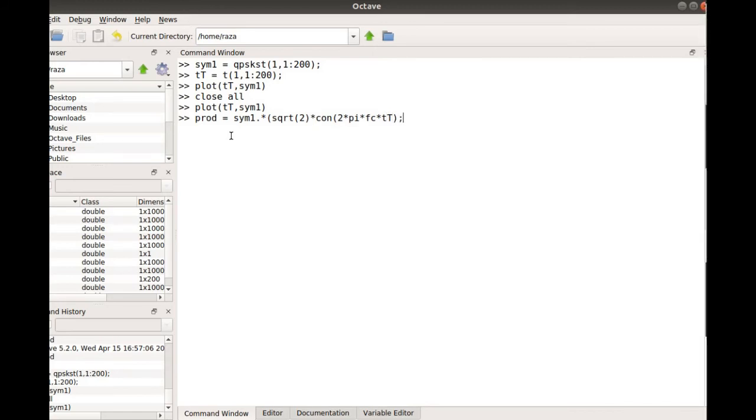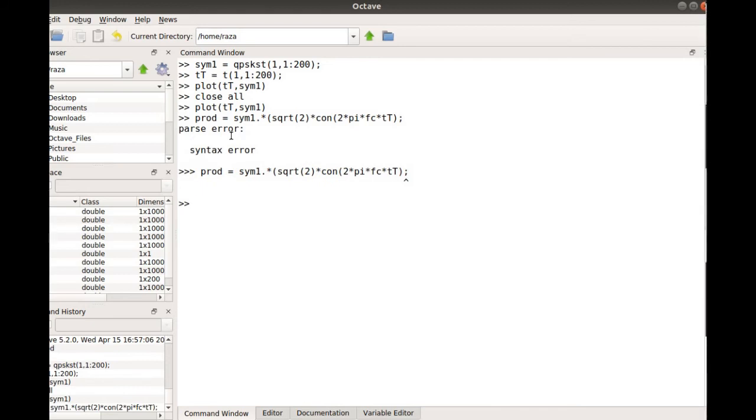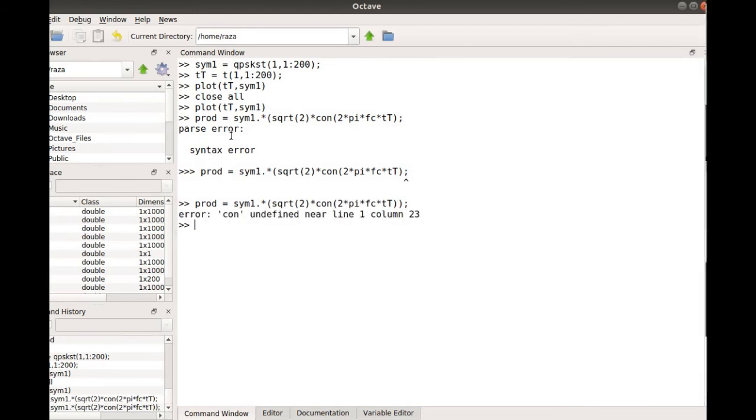So this is the product. Well, there is a syntax error, so I should have one more bracket. Okay, the function is also a mistake here, it is cos. So we just generated our product signal.